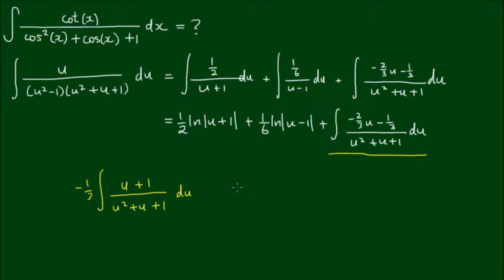And what we have here is a case of, see how the numerator is the first derivative of the denominator. So what we have is a case of the integral of the first derivative of a function over a function, and the result given by this integral is the natural log of the function, so the natural log of the denominator, and of course plus an integration constant.